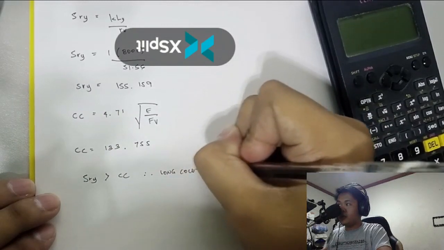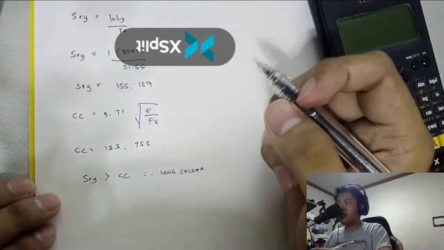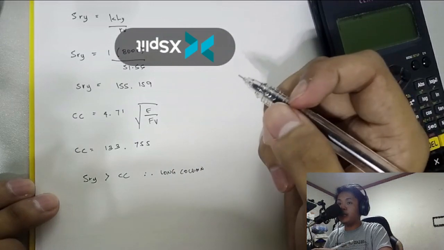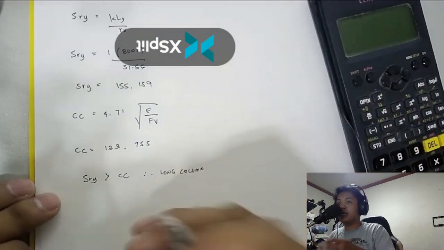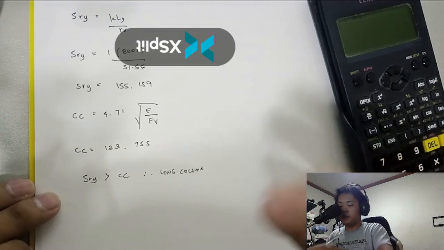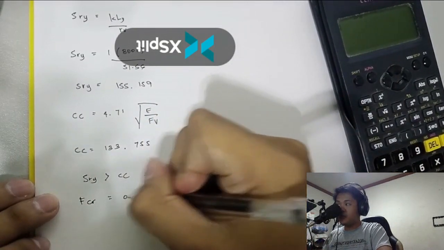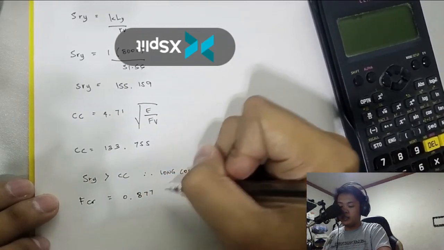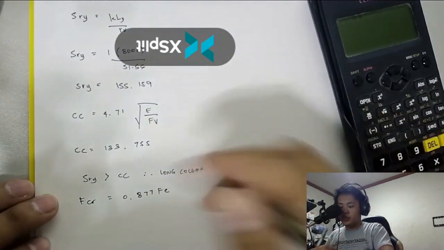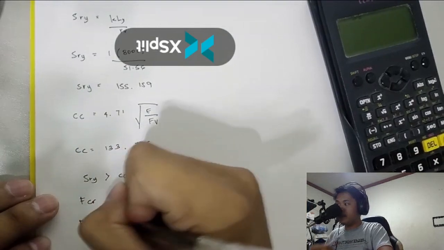So since long column siya, mag-iiba na dito yung formula ng FCR, pero yung pagkuha natin sa FE is mananatili siyang the same. So yung magiging formula na for FCR is equal to 0.877 FE.